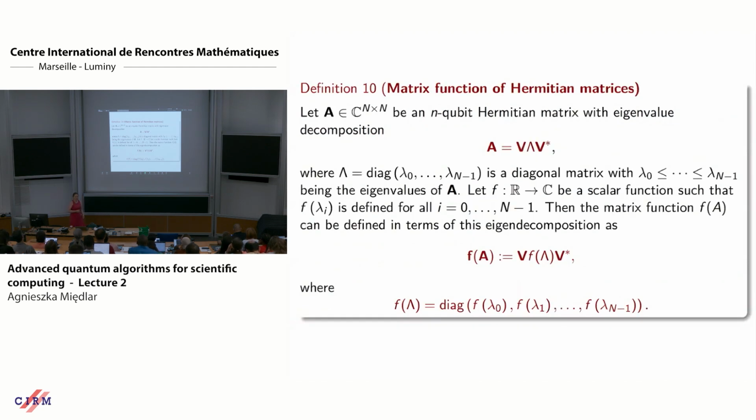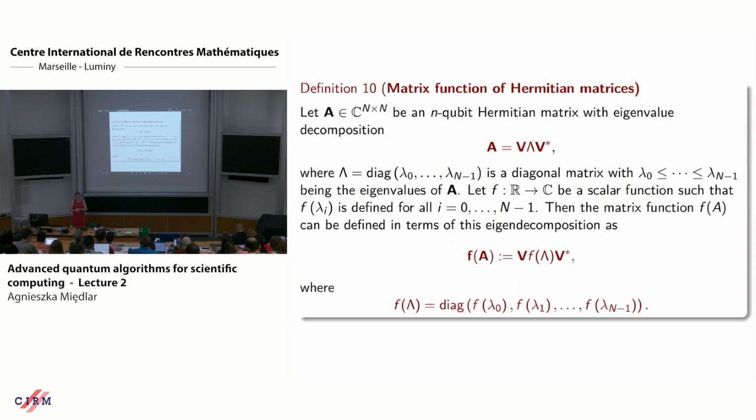So I will start with the definition in the most general case, well, in the easiest case, the case of a Hermitian matrix. What is the function of a matrix, or how do you define the function of a matrix? We can think about this in terms of classical matrices and vectors, but you can think about qubit operators the same way. So you have an operator, an n-qubit Hermitian matrix A, and you have its eigenvalue decomposition.